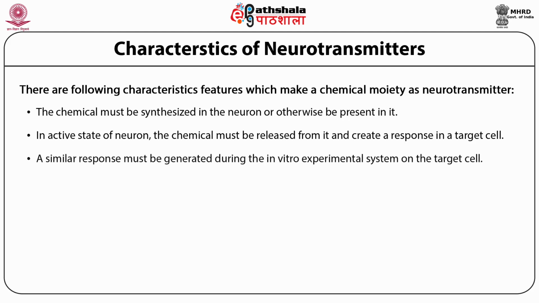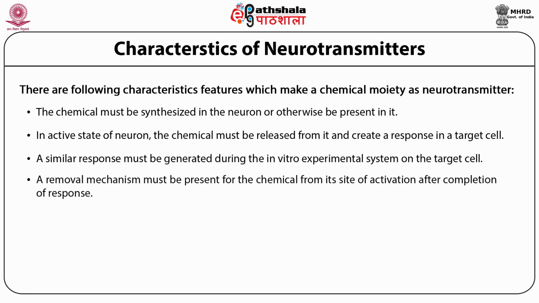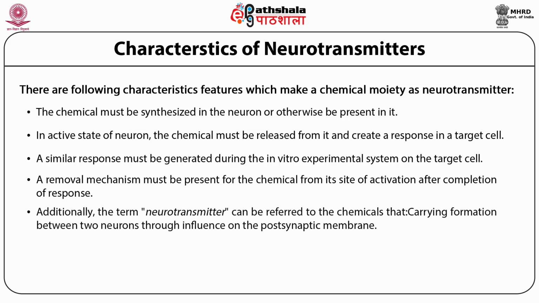A similar response must be generated in an in vitro experimental system on the target cell. And number 4. A removal mechanism must be present for the chemical from its site of activation after completion of the response.